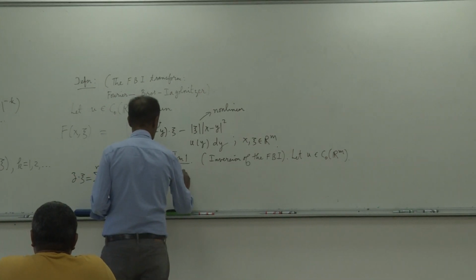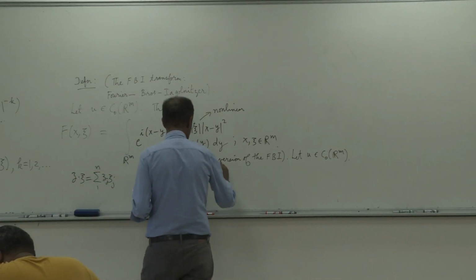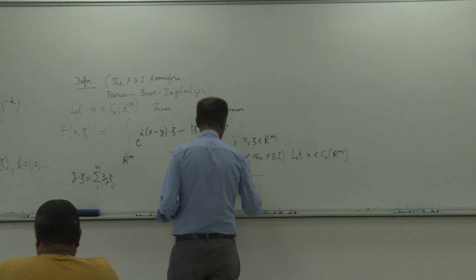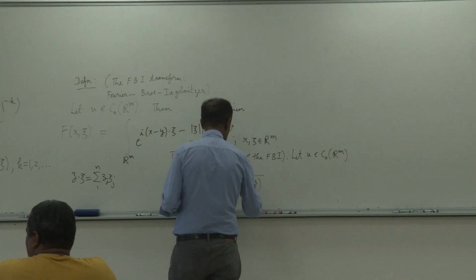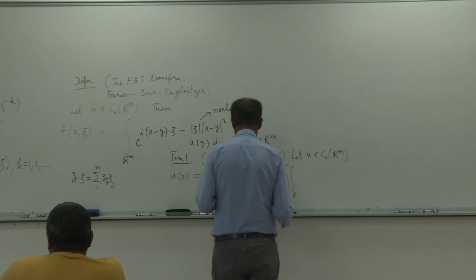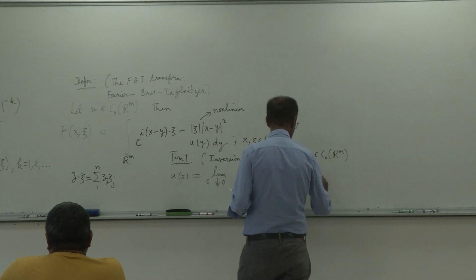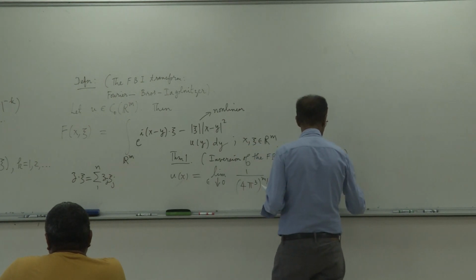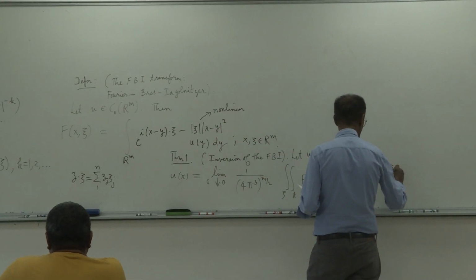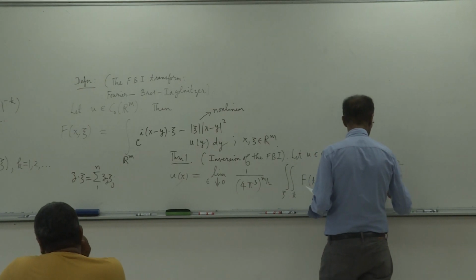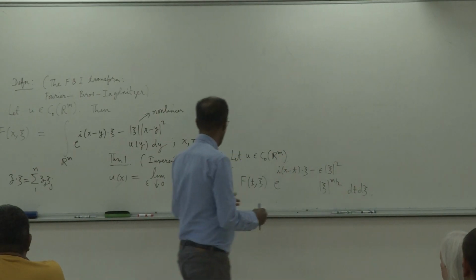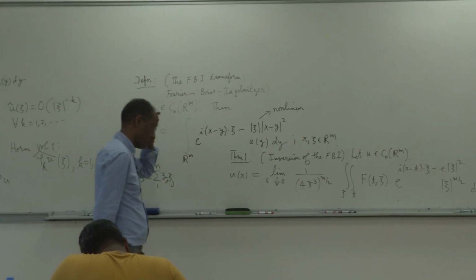Then u(x) equals, for any x, the limit as epsilon goes to 0 of a constant, to the power of m over 2, times a double integral over t and c of the FBI transform of u at (t, c), times e^{i(x-t)·c - epsilon|c|^2}, |c|^{m/2} dt dc.